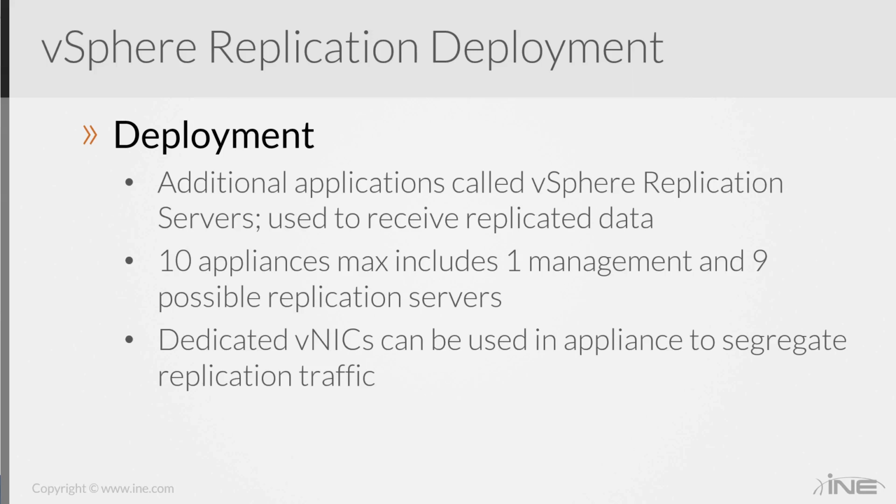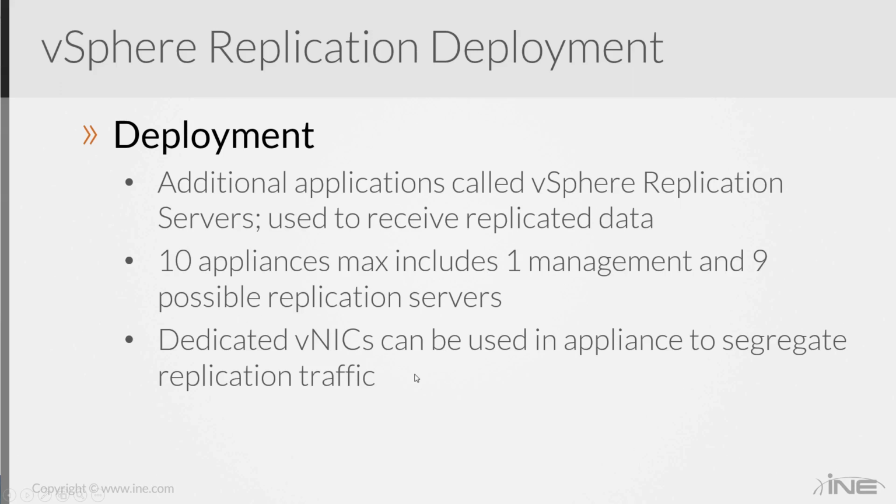It should be noted that these additional appliances do not contain the management component and would only be used to receive the replicated backups. As I mentioned previously, we can have a maximum of 10 appliances per vCenter server. So we can deploy one management server and up to 9 replication appliances.